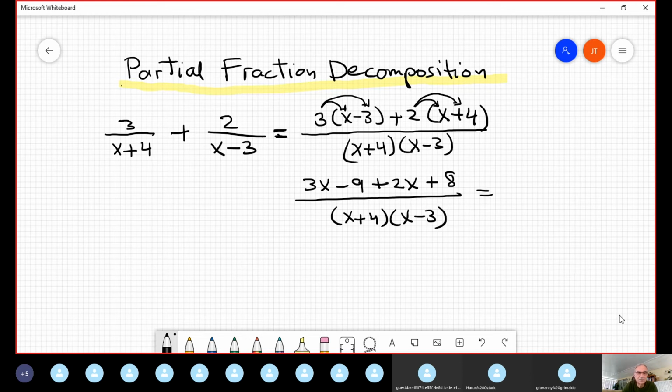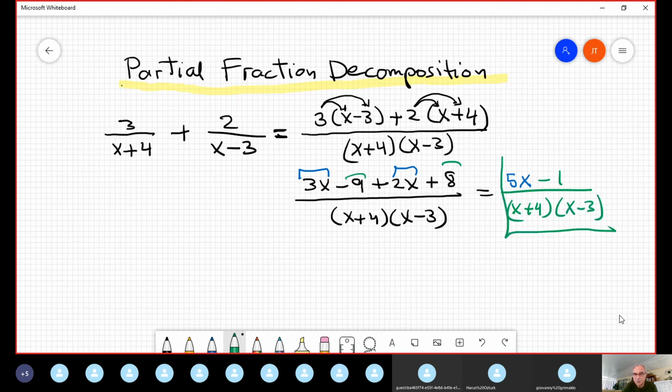We combine later. This and this. 5x. This and that. And negative 1. Divided by x plus 4, x minus 3. And this expression is equivalent to this expression.